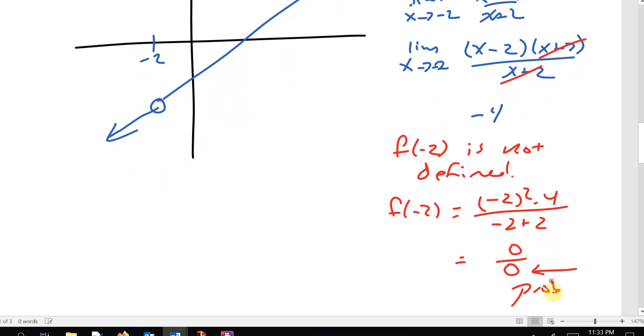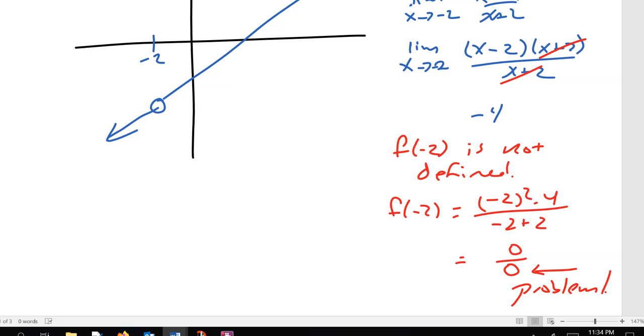That's a problem, right? Not allowed to have zeros in the denominators. So that means this is not continuous. It's discontinuous at this point because there's a jump. The limit doesn't match what the function is at that spot. I mean, the function is not even defined at that spot, right?